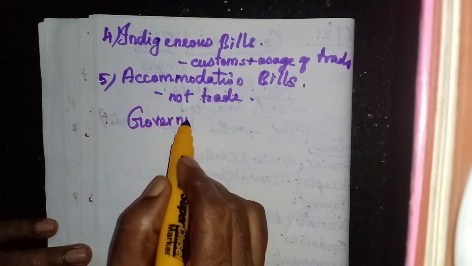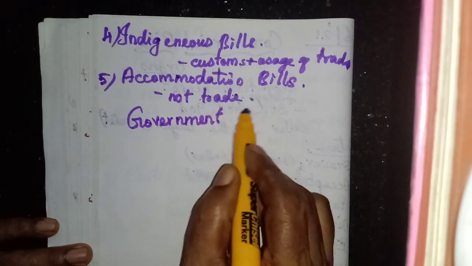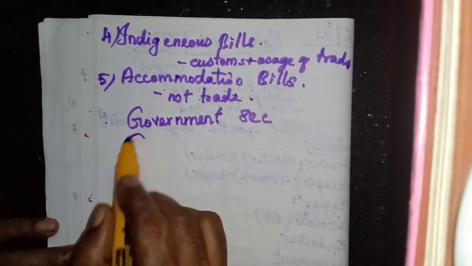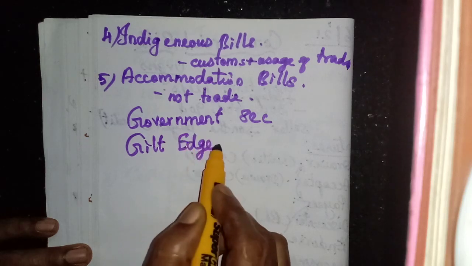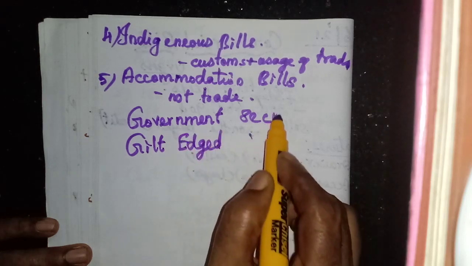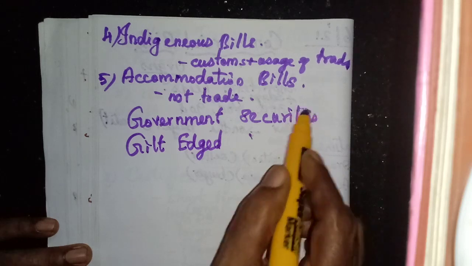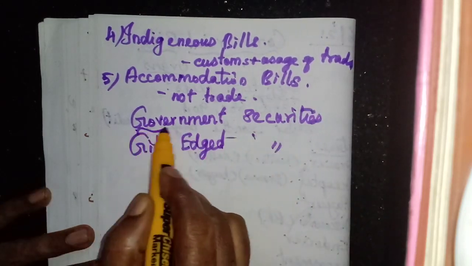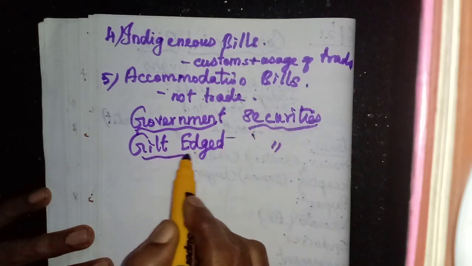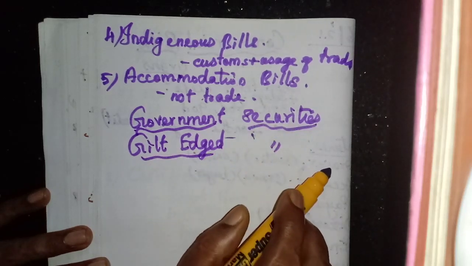Government securities, or we can call them gilt-edged securities. Government securities are gilt-edged securities.